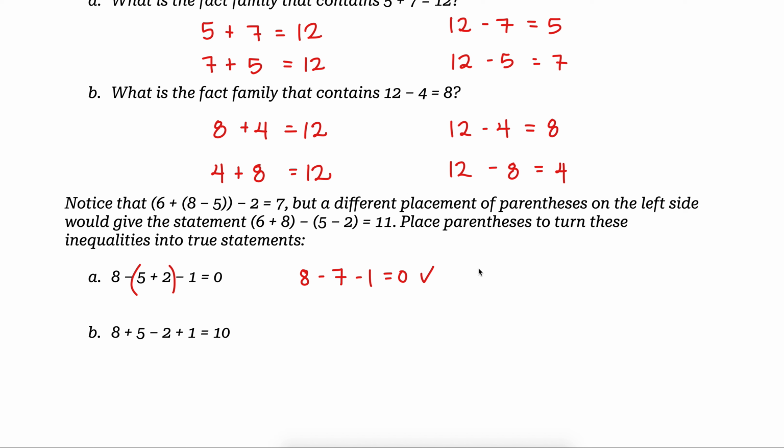But in this case, it's going to require two sets of parentheses. You can put a set of parentheses around the first two numbers and then around the second two numbers. So we now have 8 plus 5, which is 13, minus 2 plus 1, which is 3, and that is equal to 10.